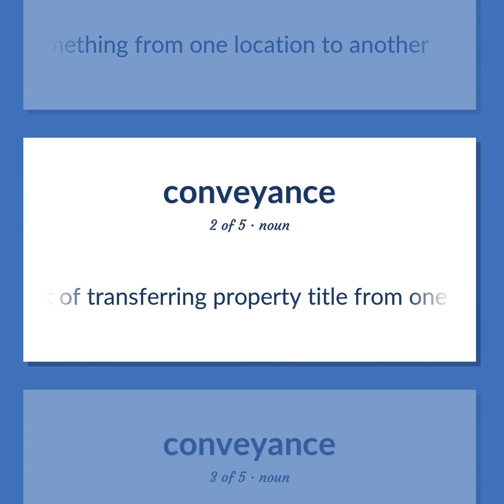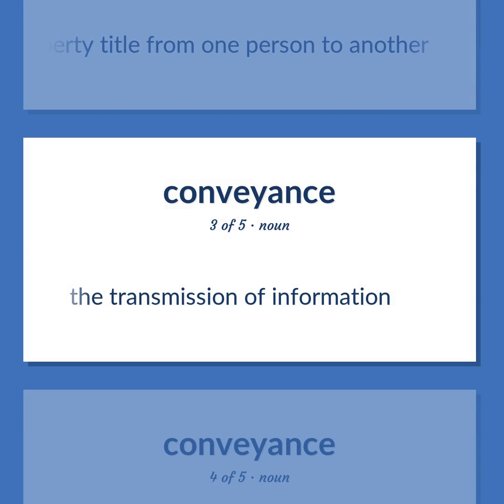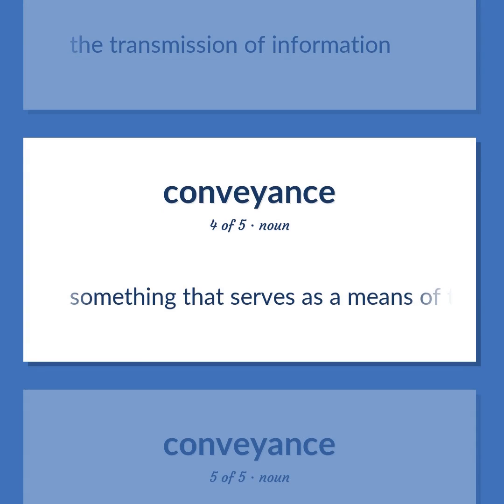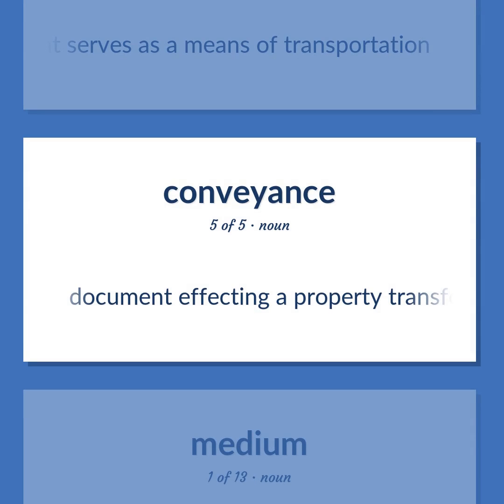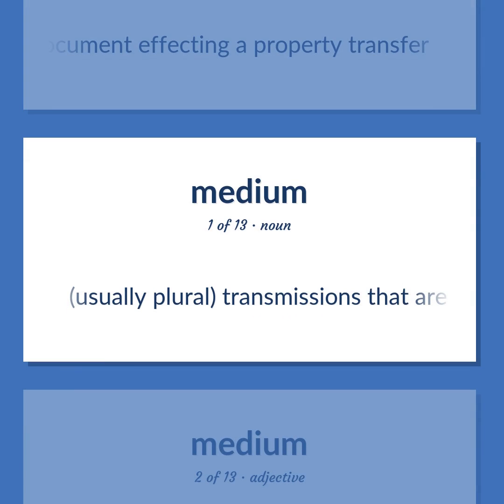Act of transferring property title from one person to another. The transmission of information. Something that serves as a means of transportation. Document effecting a property transfer. Usually plural, transmissions that are disseminated widely to the public.